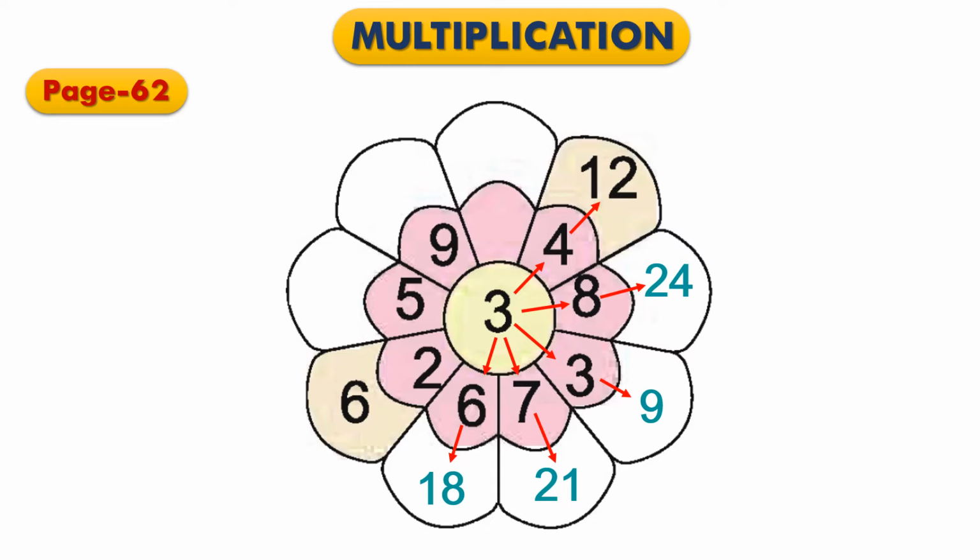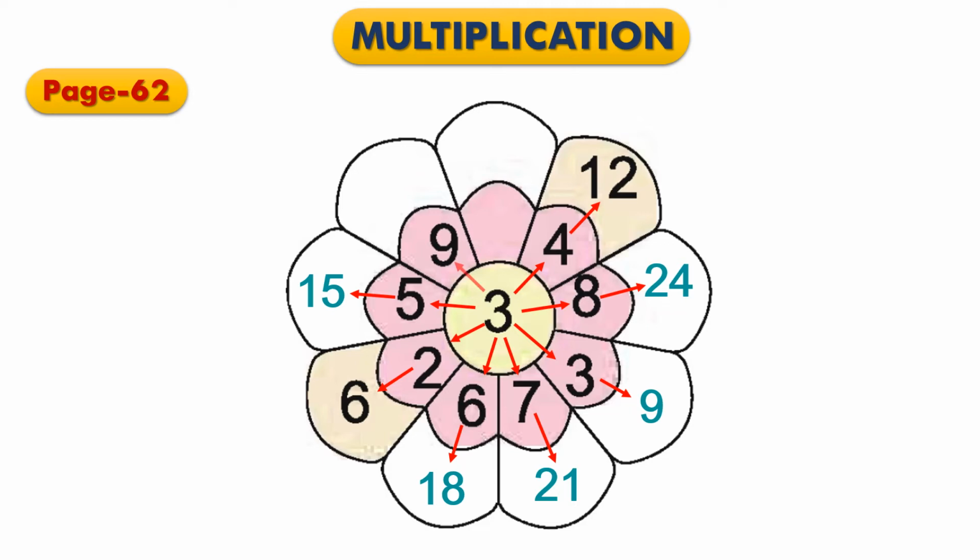As we have done in the previous boxes, we need to multiply 3 and 2. The result of 3 multiplied by 2 is 6, which is already shown in the box. Next we have 5, so we multiply 3 and 5, and the result is 15, so we put 15 into that box.